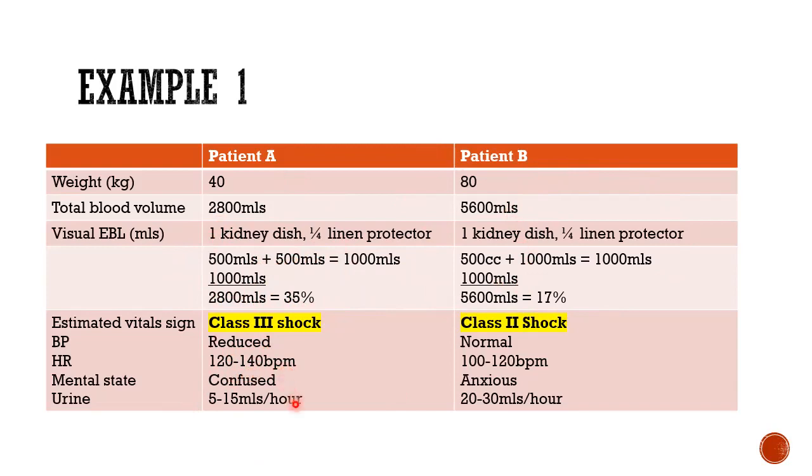Not to say the respiratory rate will be increased. For the other patient, respiratory rate will also be increased, but the blood pressure will be relatively normal, slightly tachycardic, a little bit anxious, urine output slightly reduced. Okay, so this is the difference between 1 liter of blood loss in 2 different patients. For this patient it's more severe. Although both of them bled 1 liter, this one bled 35% of her blood, but this patient only bled 17% of the blood.